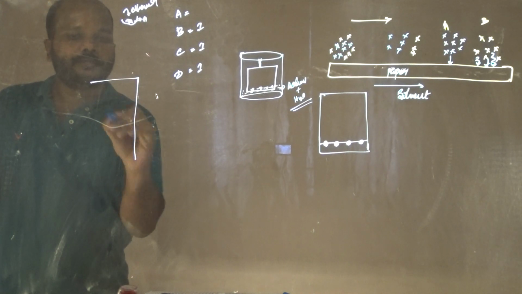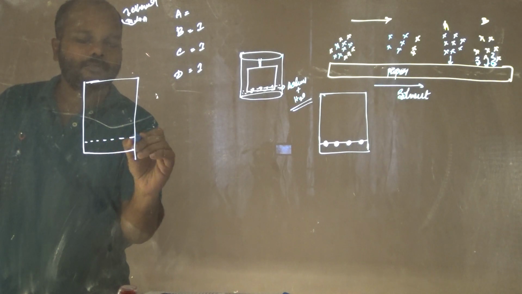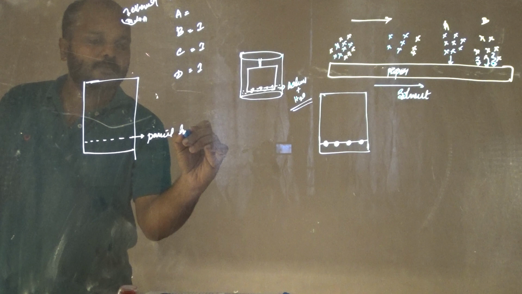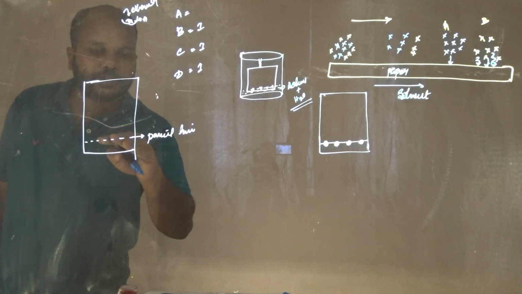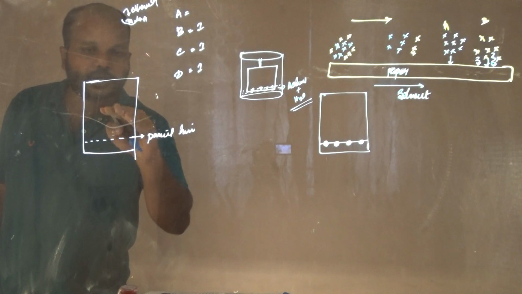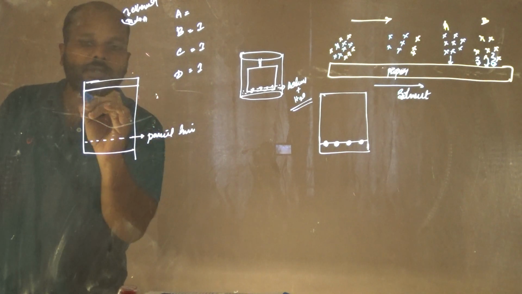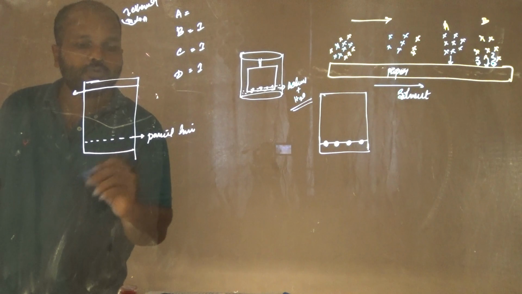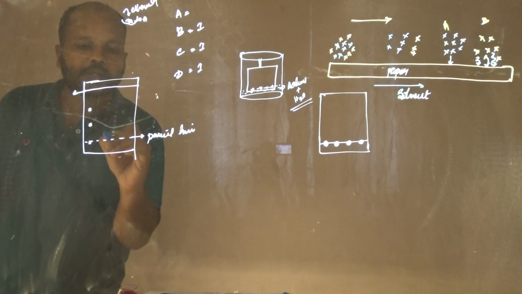Now take out the paper and observe it. This is a pencil line. You can see that the solvent has risen up to here. This is the solvent front, I mean the distance traversed by the solvent front. Component A is separated and has come up to here.